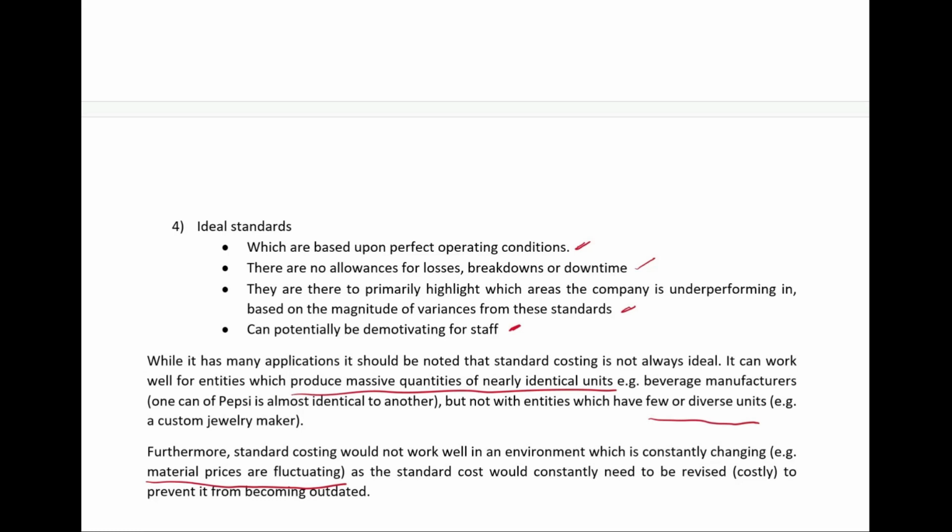So what that means is standard costing works well in stable environments where you're consistently producing uniform types of products. So a manufacturer of something like bricks or paint might be able to use standard costing well, but in an environment which is fast changing, like the tech industry, or where your units or products vary greatly from one unit to another, then you wouldn't be able to use this as well.